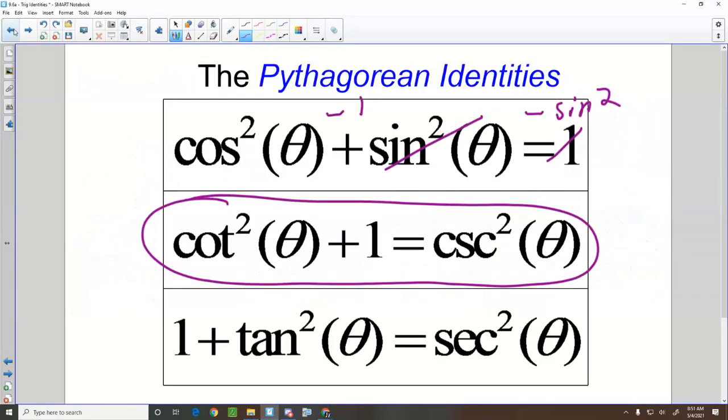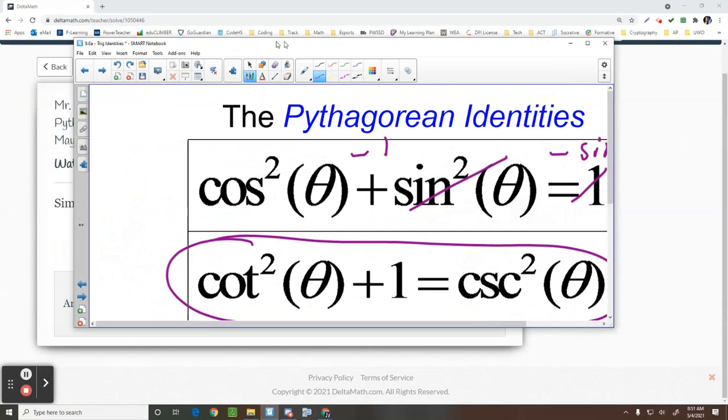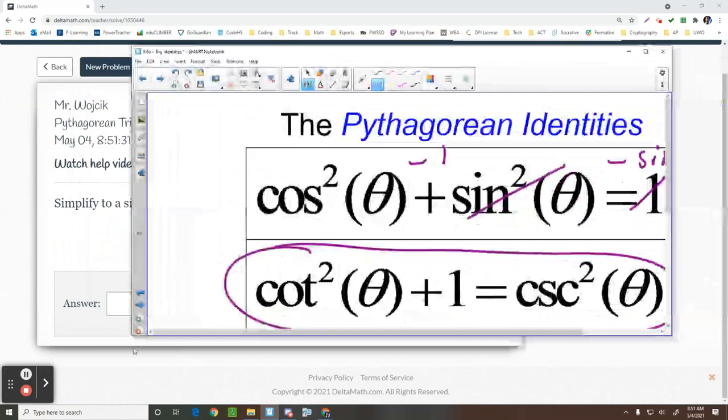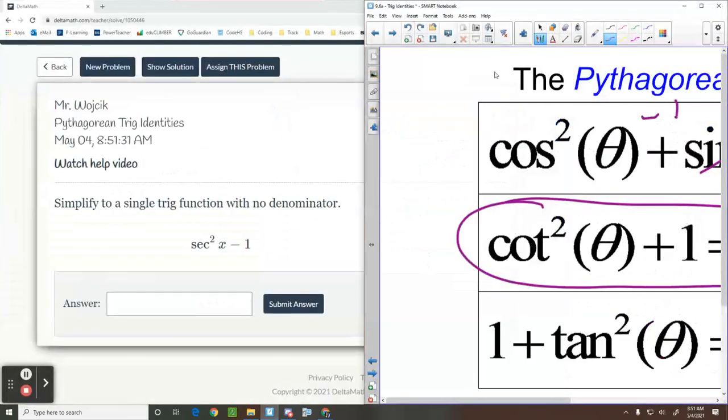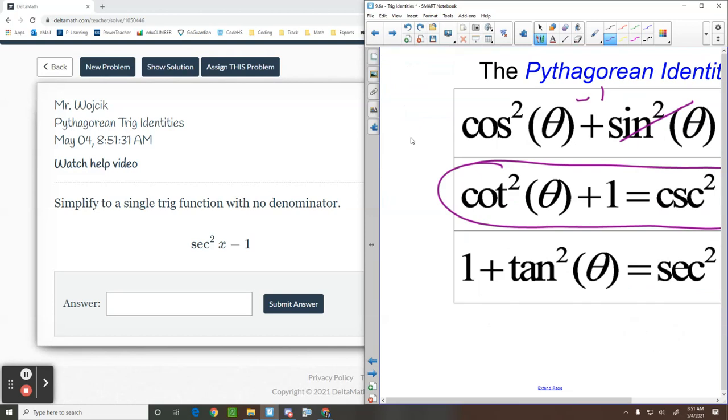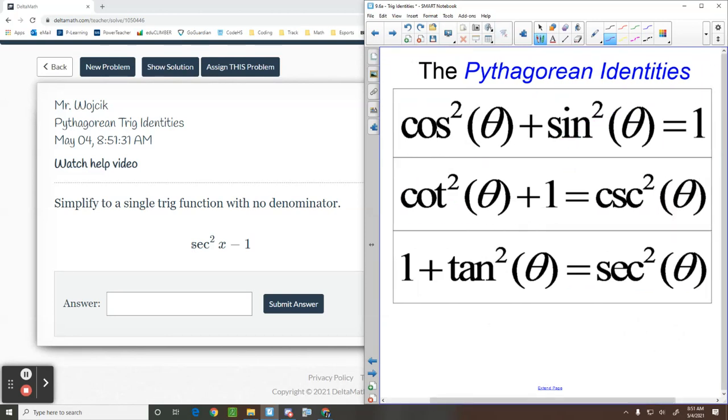So again, I'm going to look at my identities here. Secant squared minus 1. I look up here, and I'm looking for a function or identity with a secant squared and a 1. Well, that'd be right here at the bottom.